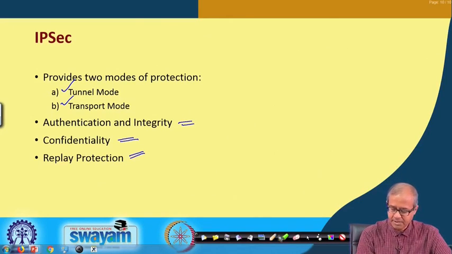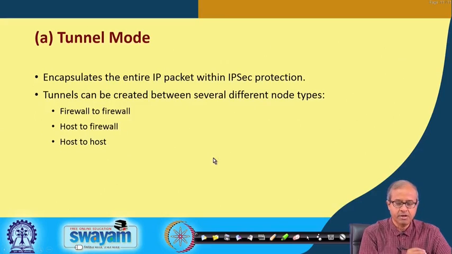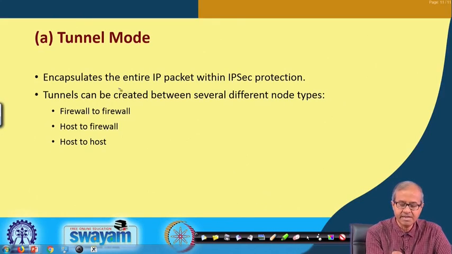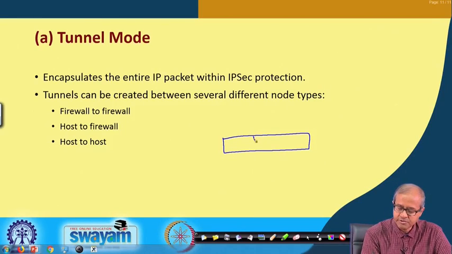Now, let us briefly look into these services and the modes. Talking about the tunnel mode, what is done here is that an entire IP packet is used. Think about this: you have an IP packet, with the IP header in one part and the IP data in the other.